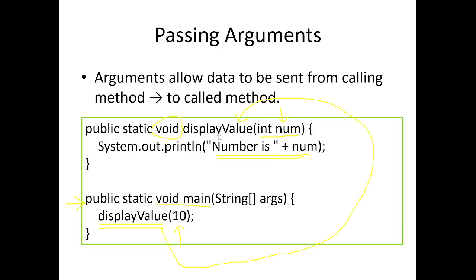The value of the number comes from your main structure. Let's say here we have 10, so that 10 will be received by this display value machine. After receiving, the machine will print number is 10. If you change this 10 to another number, maybe 12, the machine will accept the new value: number is 12. So that is the way.